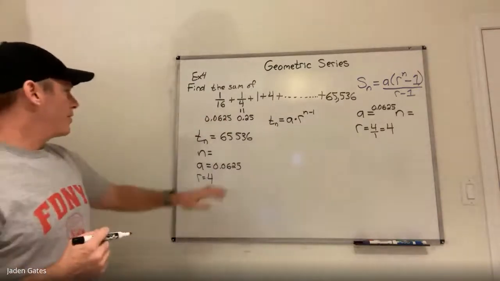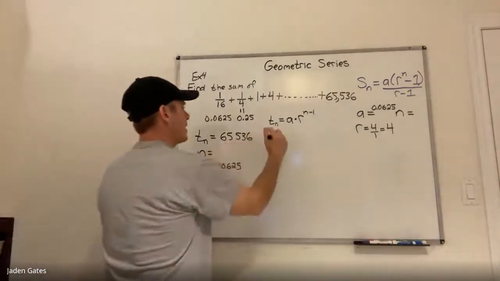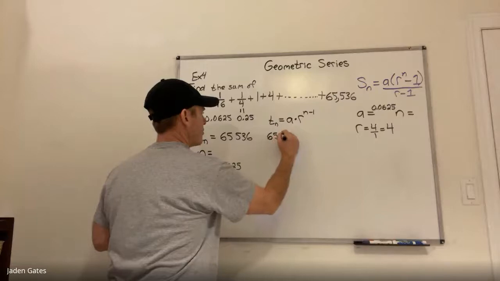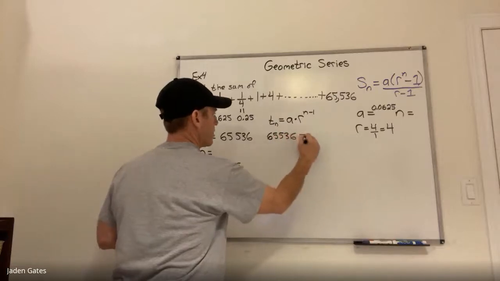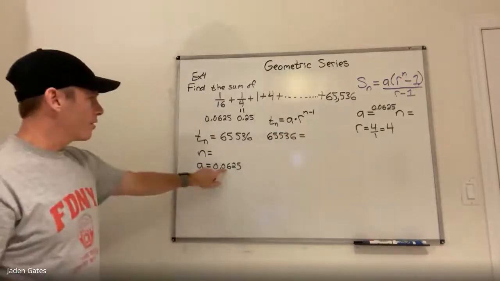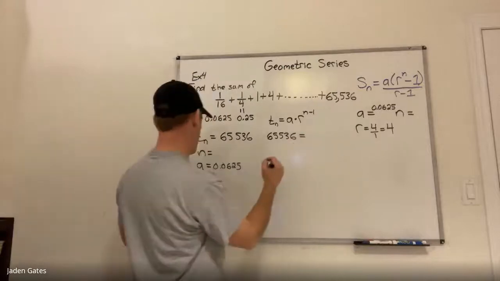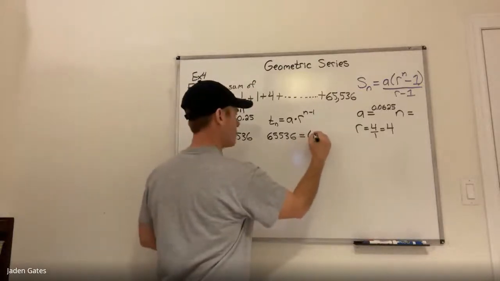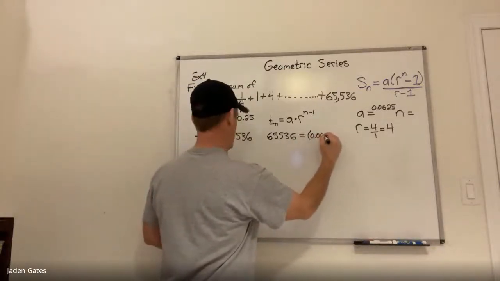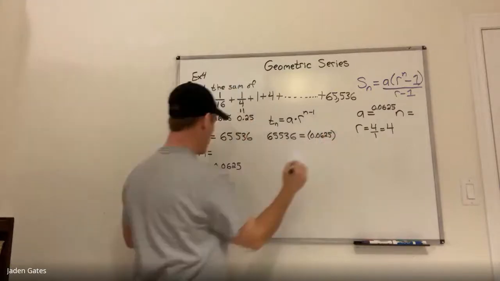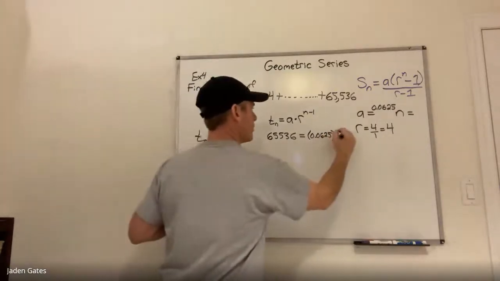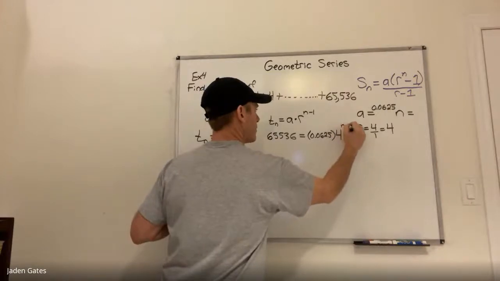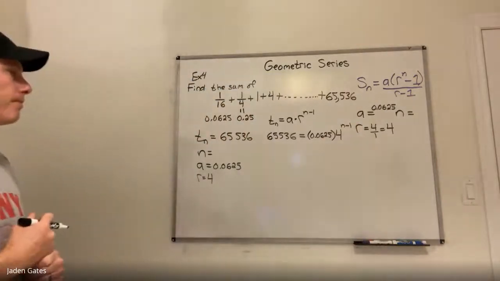So my Tn is 65,536, my A value is this decimal, 0.0625, and my R value again is 4, to the n minus 1. I'm running out of room here, so sorry if this is a little jumbled.